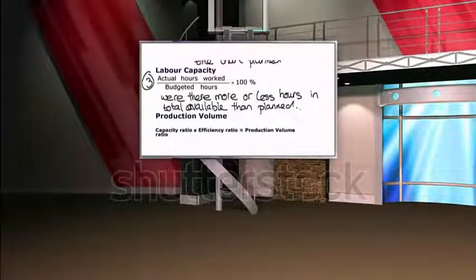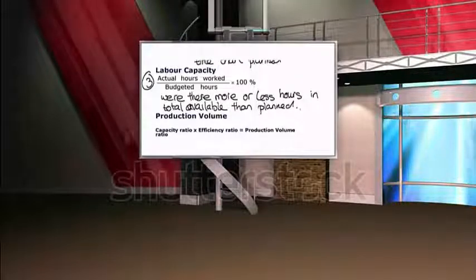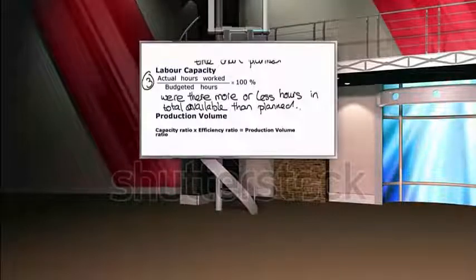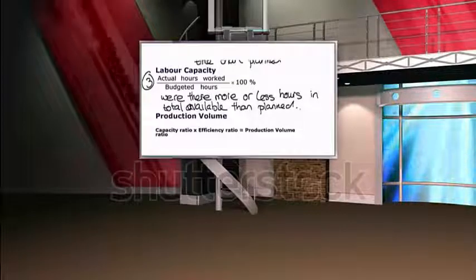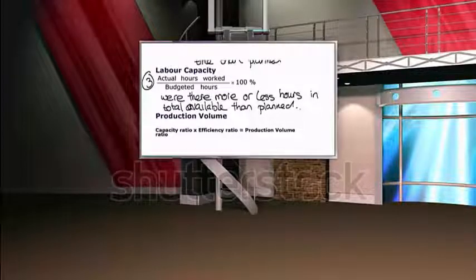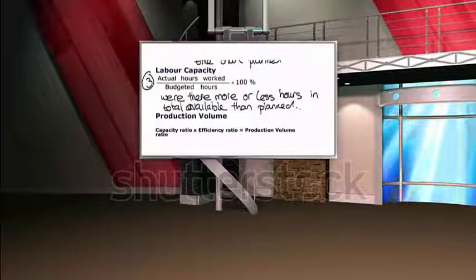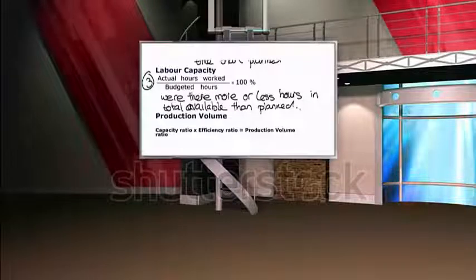At the end of the year, we then want to see how many labour hours were actually worked. Was this more or less than we expected to have available? If people ring in sick frequently or just don't show up to work, then that is going to decrease the total number of hours we have available to us as a resource.